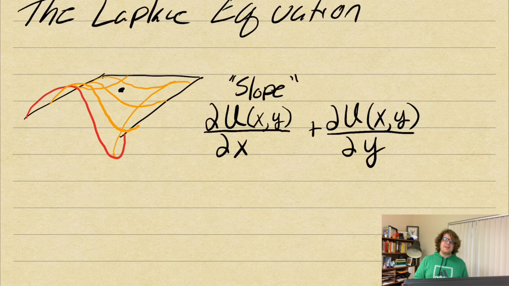We're in space here. You can think about this as being the slope of the surface at that point. I know it's not entirely true, but for our purposes, that's the way we're going to think of it. So what we really want to do is minimize slope.